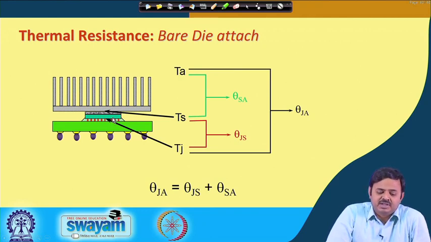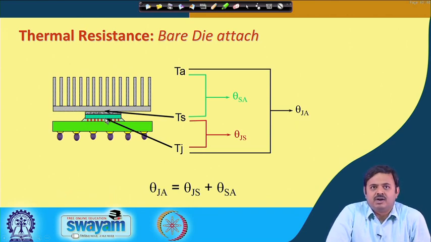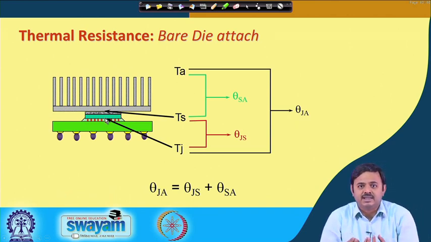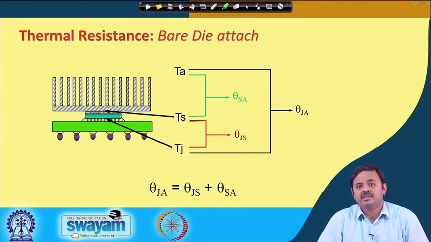So, if I do the bare die attach, these are the 3 temperatures that we talk about. Tj we have already discussed, T junction, that is inside this piece of silicon, that is the hottest temperature, because that is where the heat is getting generated. Typically if somebody, for example Intel or AMD, is selling this microprocessor, they will say Tj cannot exceed 100 degrees centigrade or Tj cannot exceed 80 degrees centigrade.